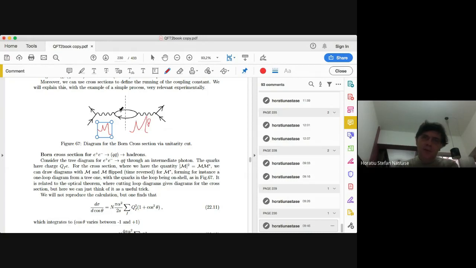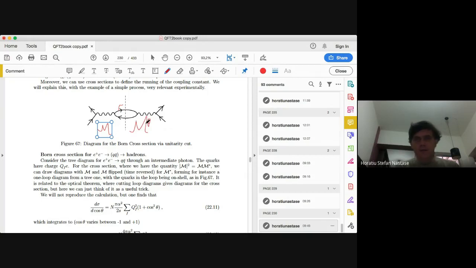From QQ bar, we can create a gluon, for instance, and then a gluon itself can create something else, some QQ bar, or even the gluon together with the QQ bar can create 3 jets, which can correspond to at least three hadrons. Anyway, there's a bunch of hadrons coming from QQ bar.